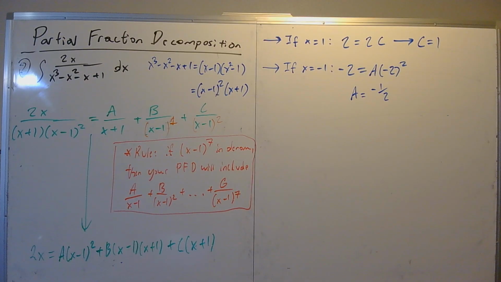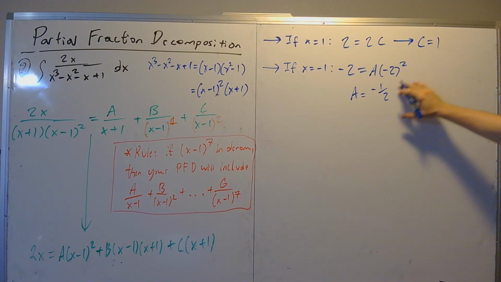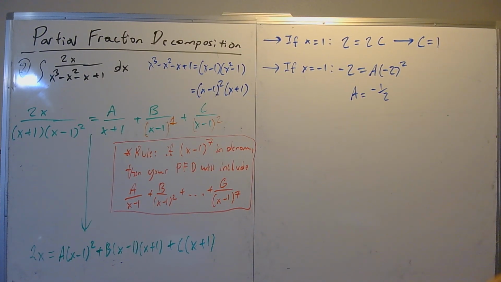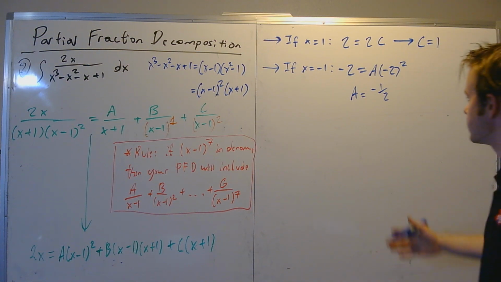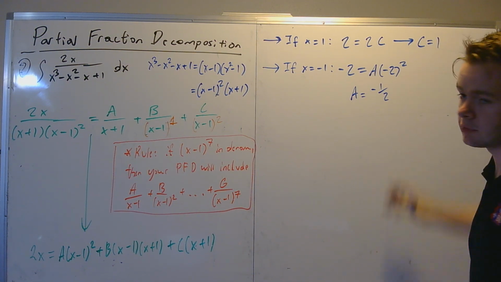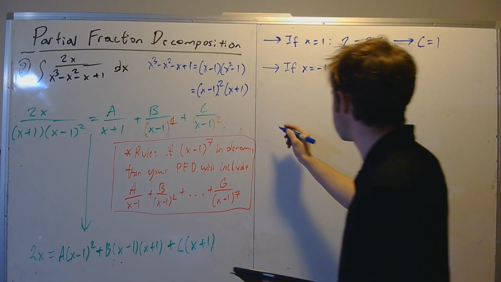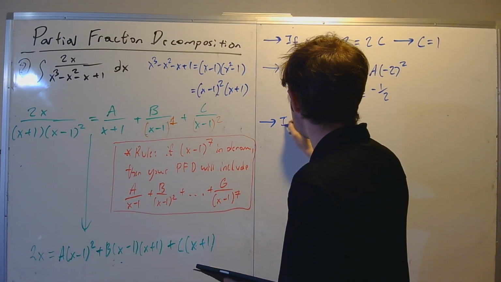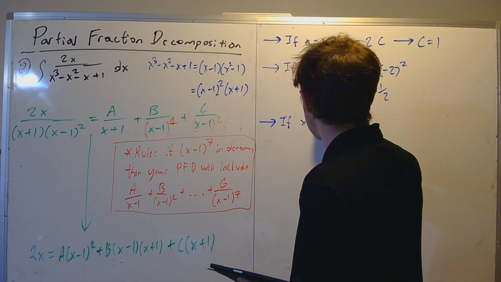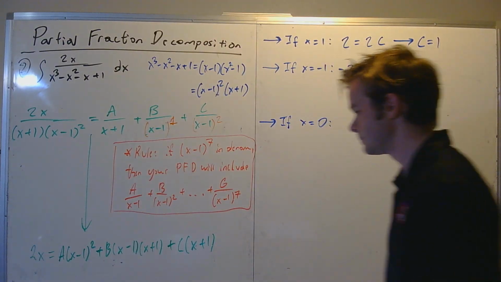And lastly, we know what a is, we know what c is, we just need to pick some value of x, and then plug in a and c, and then we can get b. So I'll just pick an easy value of x. Let's say x equals 0.